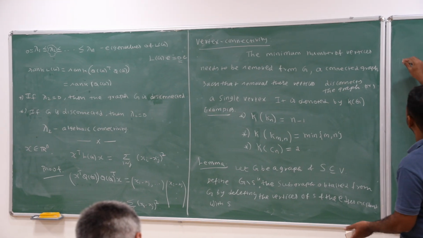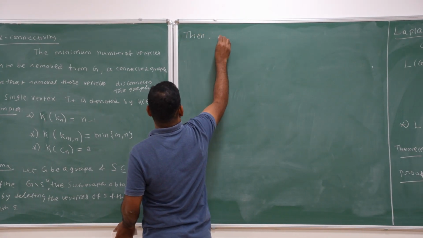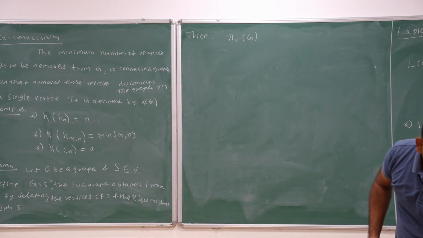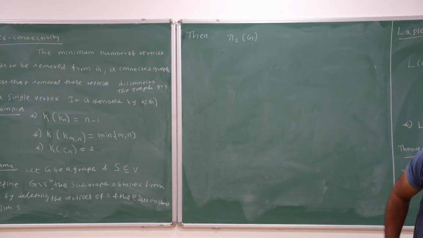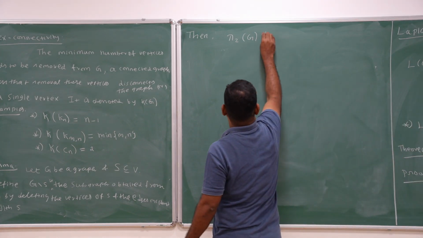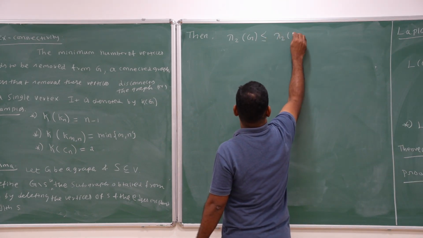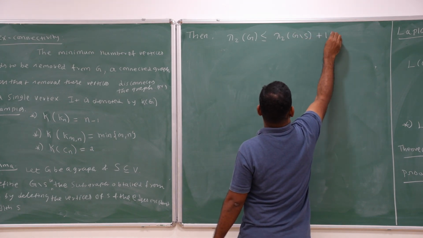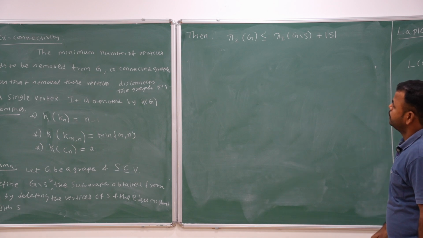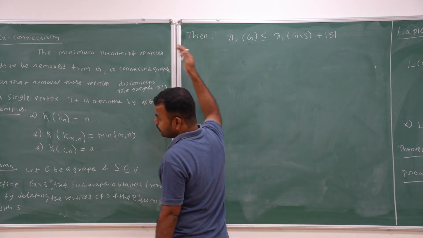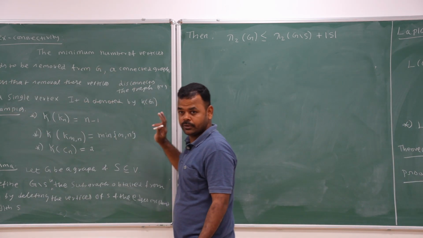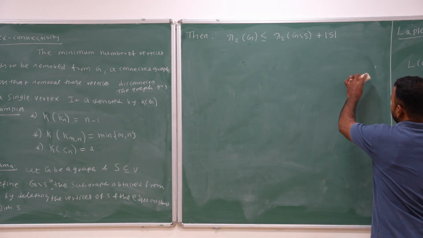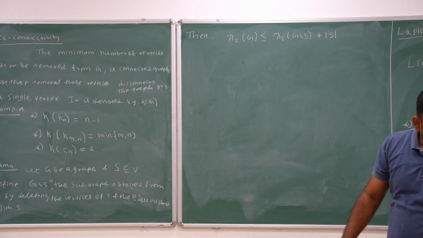Then lambda 2 of G should be less than or equal to lambda 2 of G minus S plus the number of elements in S. By lambda 2 of G I mean lambda 2 of the Laplacian; you are dealing with only Laplacian eigenvalues.